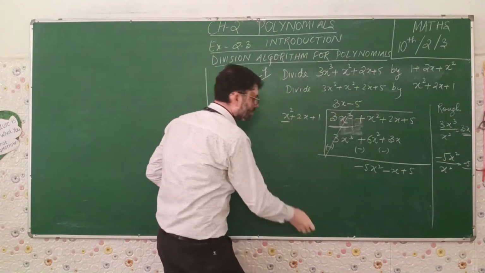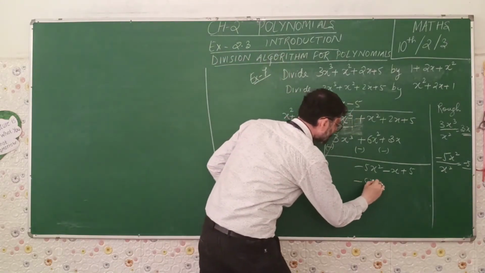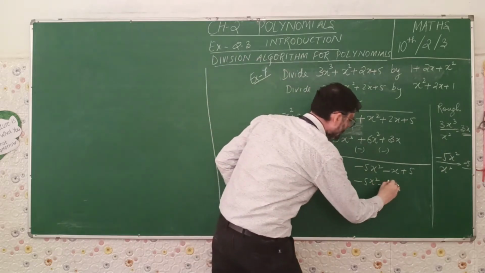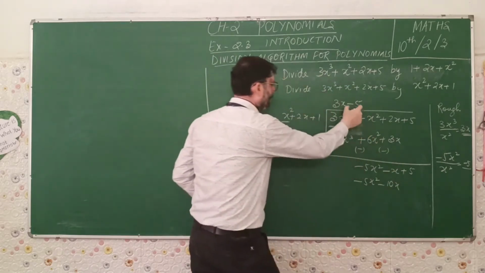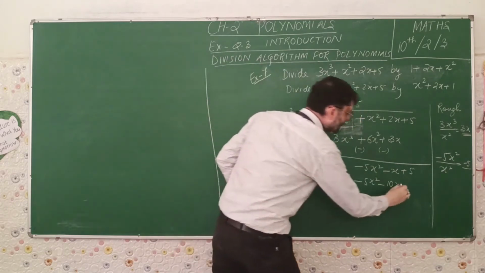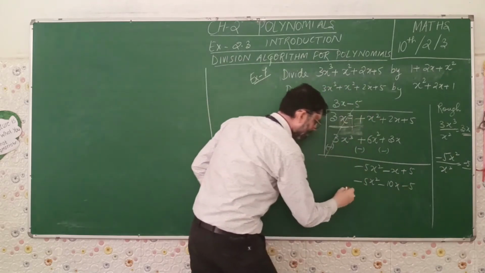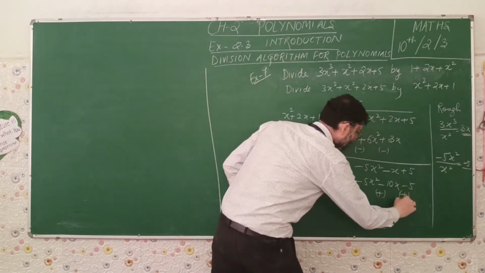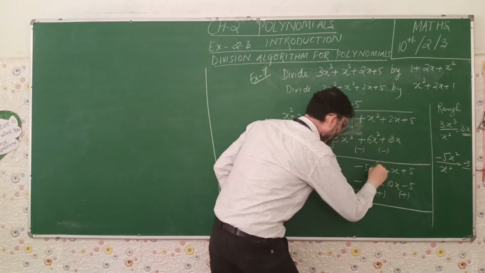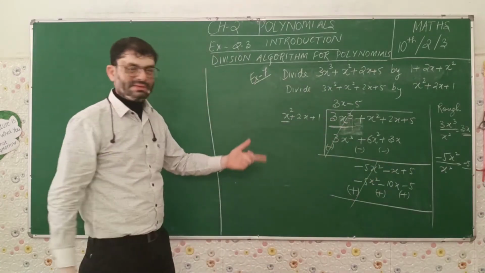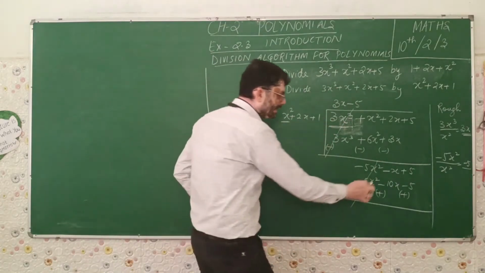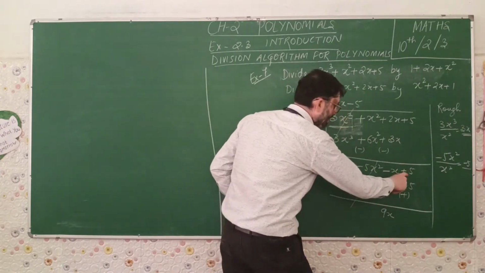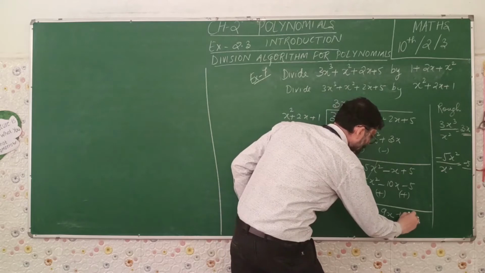Minus 5 into x squared is minus 5x squared. Then minus 5 into plus 2x is minus 10x, and minus 5 into plus 1 is minus 5. Subtracting, all the signs change, and this minus 5x squared plus 5x squared becomes 0. Then minus x plus 10x is 9x, and plus 5 plus 5 is plus 10.